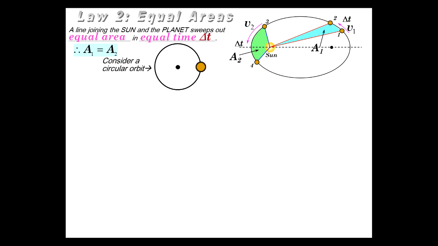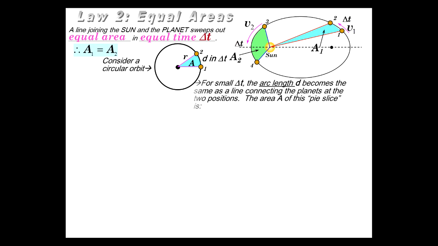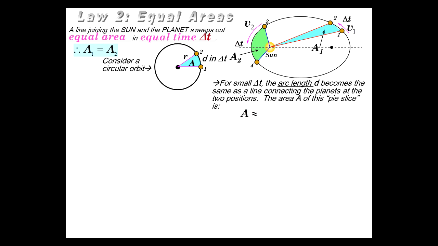Let's consider a circular orbit. Here we have positions 1 and 2, radius r, the distance in delta t. Now, to make this more accurate really, what we're really talking about is a really small interval. In a small interval of time, the triangle is really skinny, right? Much skinnier than this.